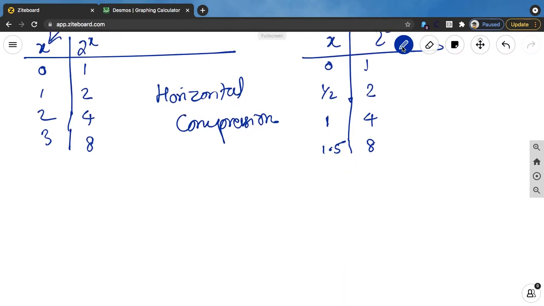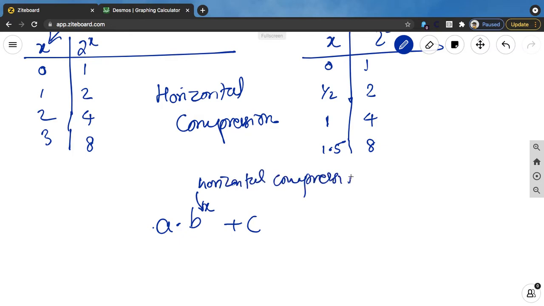Again, let me write again the general form. So instead of writing a times b raised to x plus c, I can also think of it as, when I say b, b takes into account numbers getting multiplied with x also. So it takes into account the horizontal compression and stretch as well. And that's why this is the general form of the exponential function.